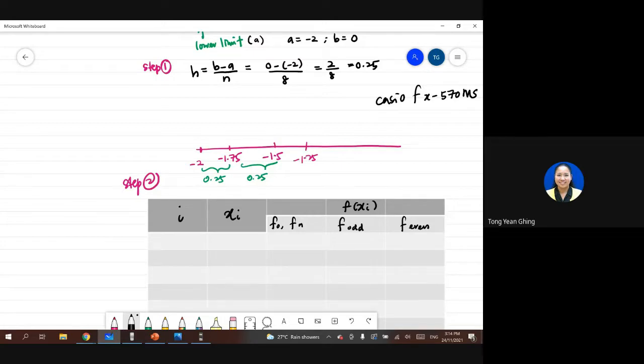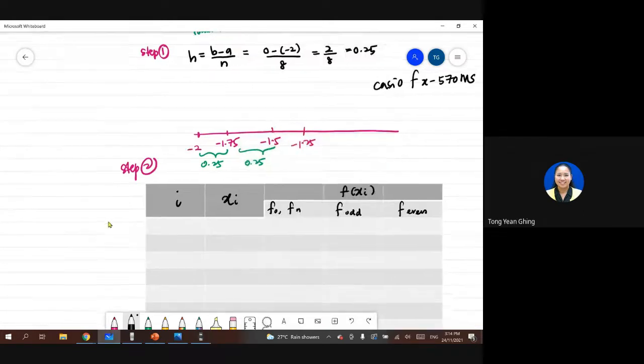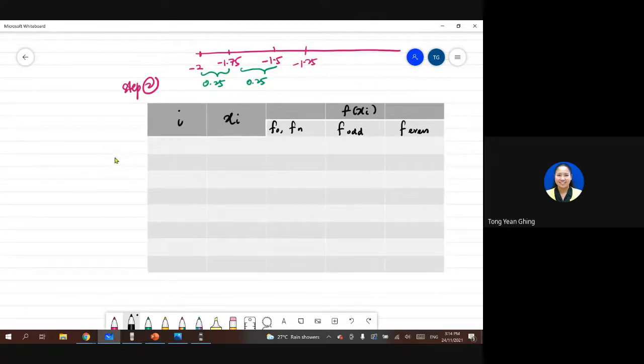From this table, we will have 1, 2, 3, 4, 5, 6, 7, 8, up to 9, until 0. Now we key in, starting from -2.